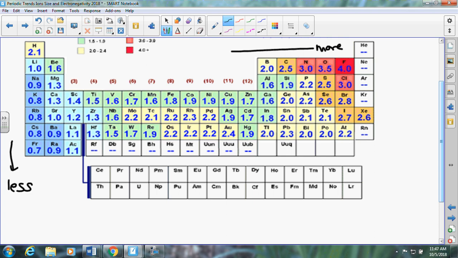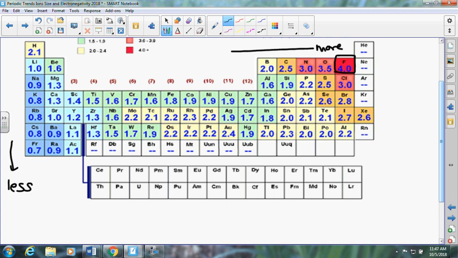I will also like to tell you that you'll notice it's color-coded, and depending on what kind of chart I give you, the red in this case would signify something that has an extremely high electronegativity value.